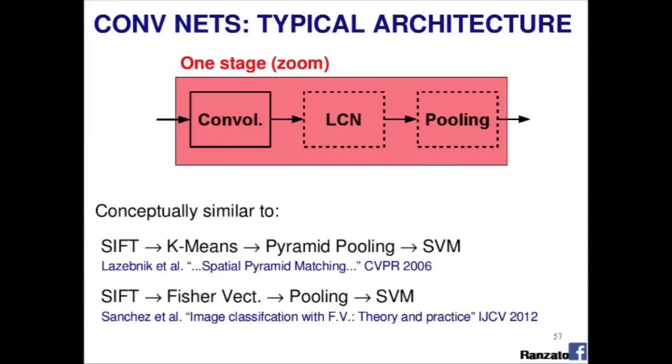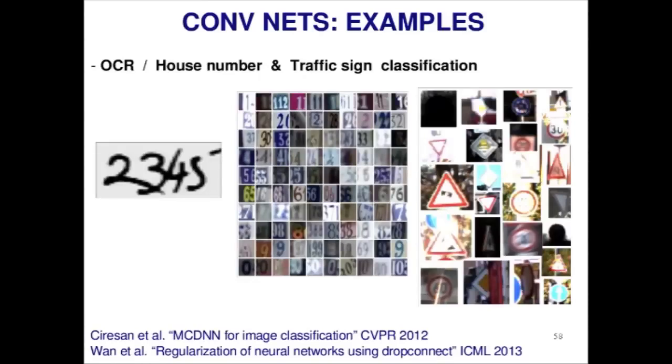So the main difference with traditional computer vision is that we actually tune automatically the parameters down to the pixels, right? So in principle, it is more powerful, and also in practice. So the first application of convolutional nets was OCR.